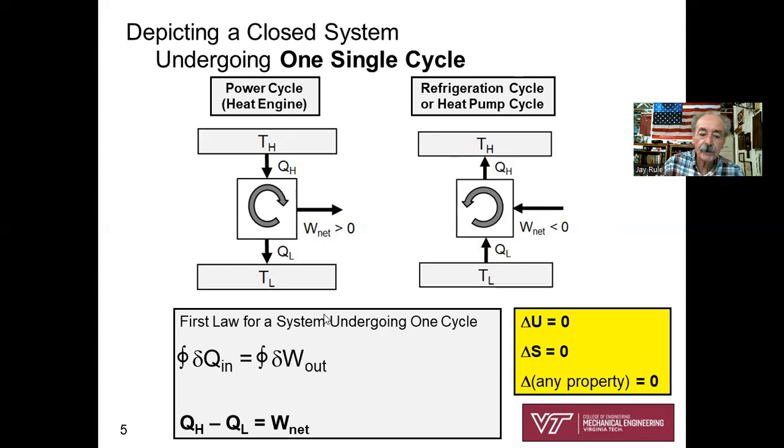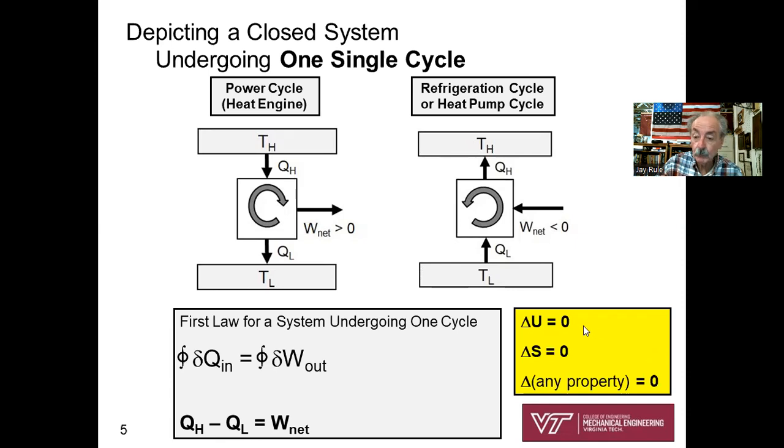We can also write the first law for a system undergoing one cycle. So in the fancy way, the cyclic integral of del Q in equals the cyclic integral of del W out. Okay, got it? However, once we've got our sketch written and we look at our arrows, use a little common sense, we can say that a statement of the first law for either of these is QH minus QL equals W net, by looking at the direction of the arrows.